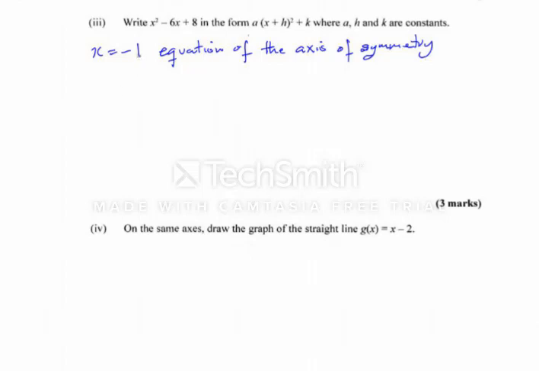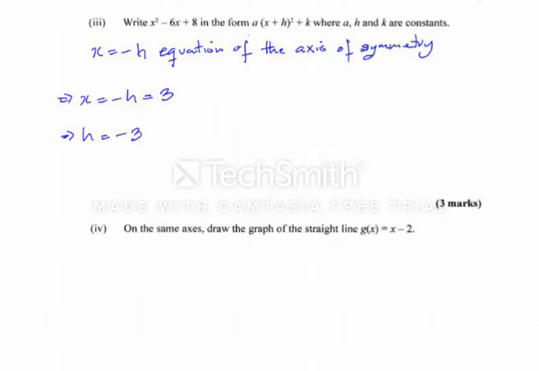So this is minus h. Therefore, x, which is equal to minus h, is equal to 3. X is equal to 3 is the line of symmetry. The line of symmetry is the vertical line that passes through the turning point. And the vertical line through the turning point is x is equal to 3. Therefore, h is equal to minus 3.